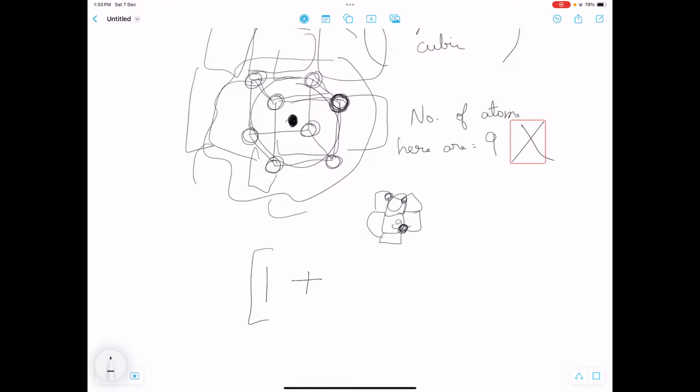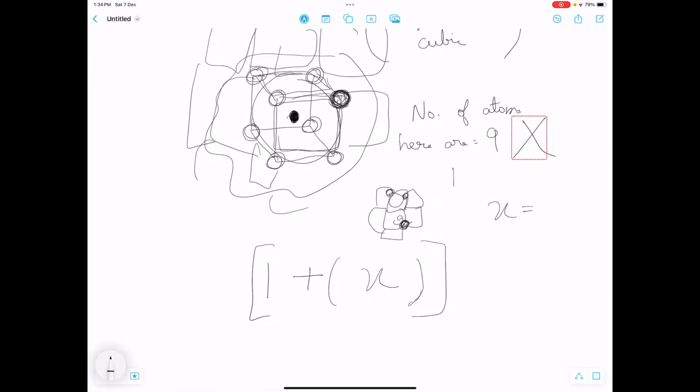Okay. Now here comes the important part. What will be here? X. What is X? The total of how much this atom is being shared with only this cube, because we are calculating for this cube, right? So we have to divide this atom into 8 parts, because there are 7 other cubes and this cube. So this cube is only getting 1/8 of the atom.